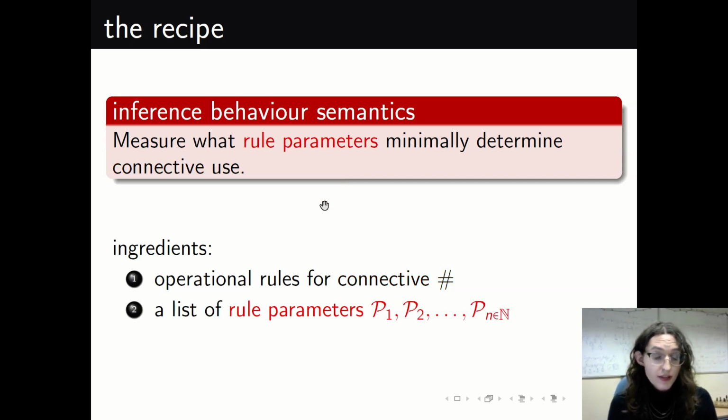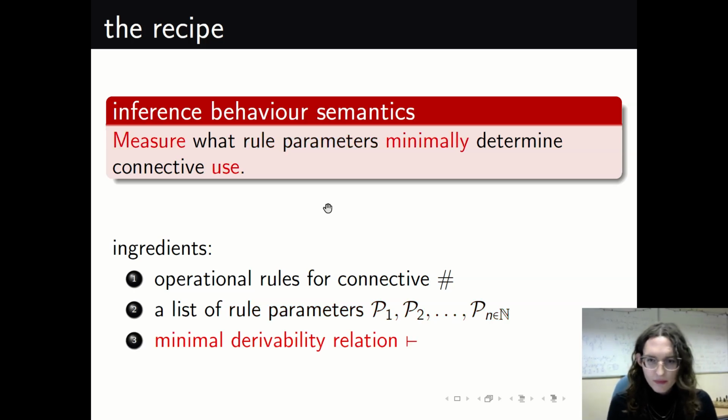Secondly, we'll need to look at a list of candidate rule parameters that could potentially determine the use of the connective, P1 to Pn, just a list. And then thirdly, we'll need a context where we can carry out this measurement, and this context, as I said earlier, needs to give us the minimal use, so it itself needs to be minimal. And by context we mean the structural setting, the derivability relation that we conduct the measurement in. So we'll need a minimal derivability relation, and I'll come back to each of those three in more detail later on.